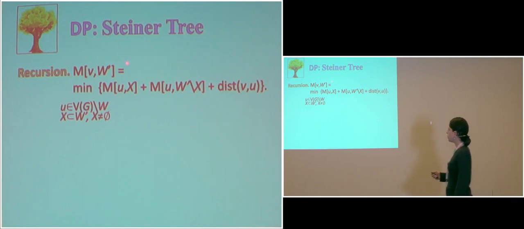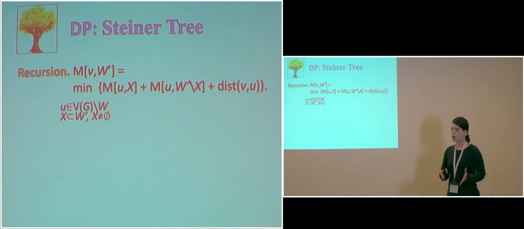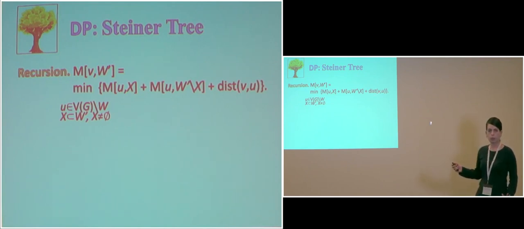Then we add up the entries M(U, X) and M(U, W prime minus X). In addition to that, we also need to worry about the vertex V, right? So we also add here the distance between V and U. Okay, and soon it will be clear why it is correct.